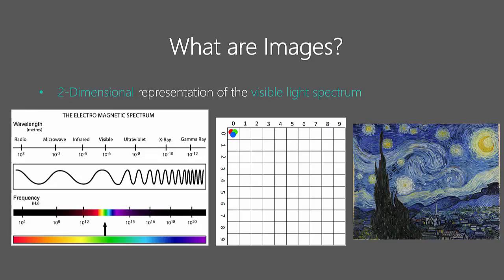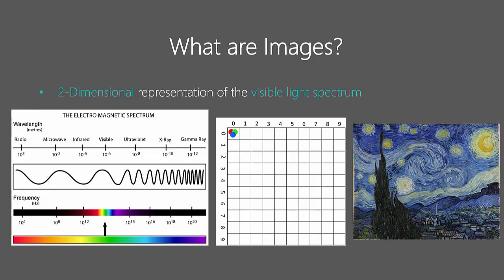Now, each pixel or DPI point reflects different wavelengths of light, and that is where we refer to the visible light spectrum. The visible light spectrum is part of the electromagnetic spectrum, which consists of radio waves all the way to gamma rays. Different waves have different wavelengths.